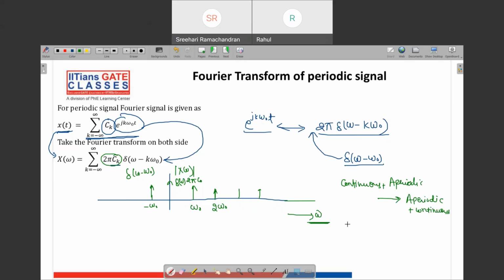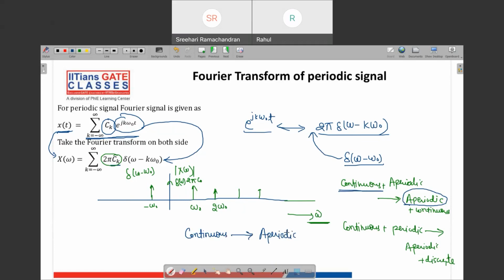And if the signal is continuous plus periodic, in the frequency domain you will again get an aperiodic signal, but it will be discrete in nature. So whenever the signal is continuous in the time domain, in the frequency domain the signal will always be aperiodic.